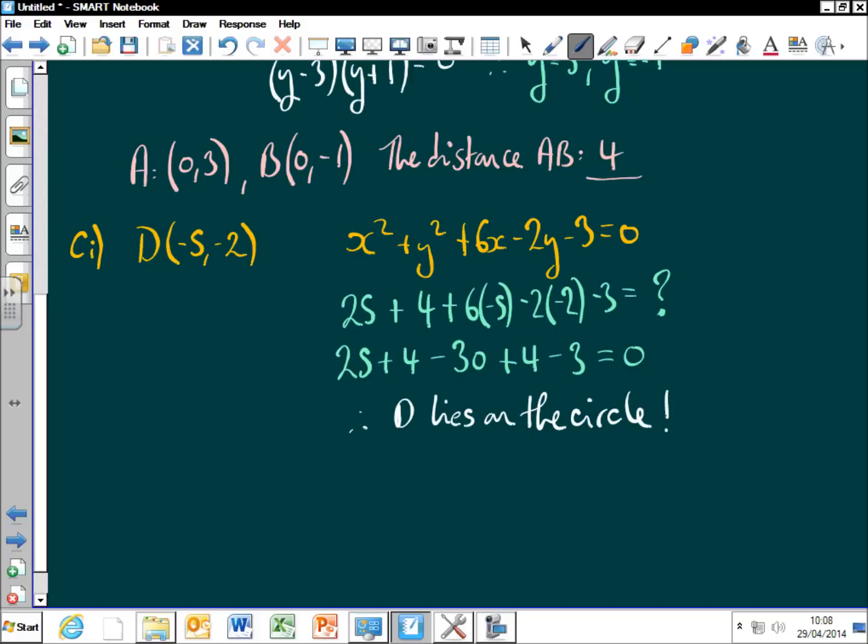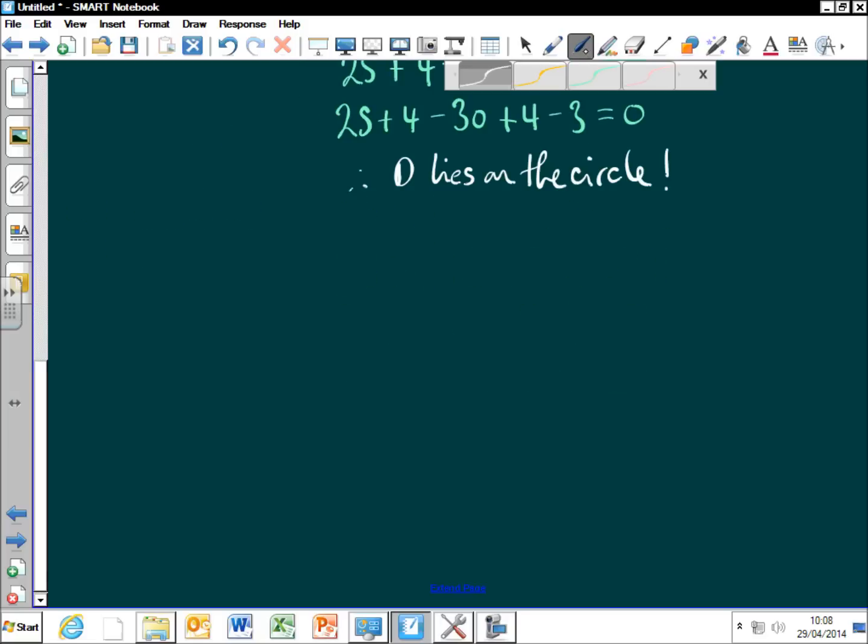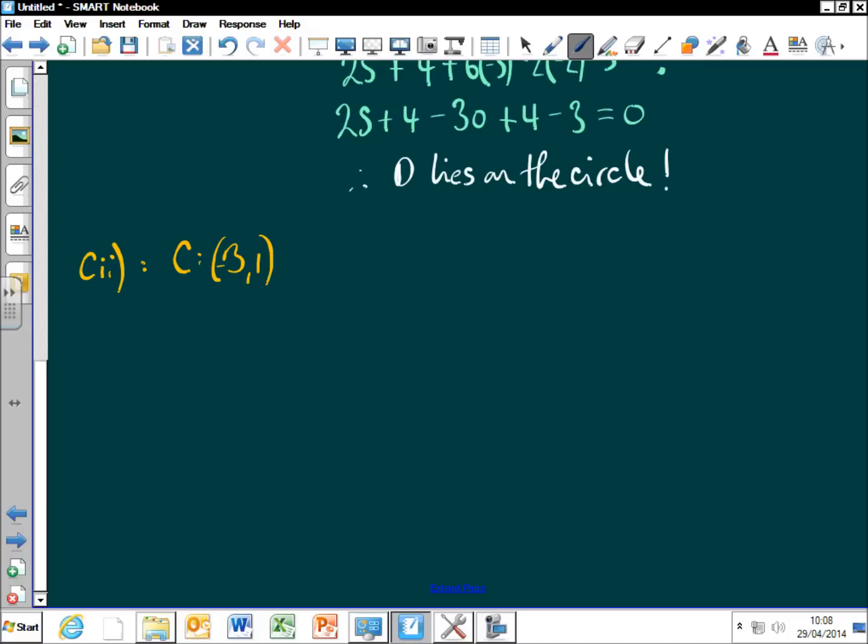Okay, find the gradient of C to D. Well, that's okay. We can do that. I've got point C as the coordinates -3, 1, and point D as the coordinates -5, -2, and then the gradient of C to D, so write it like that, is the difference in the y's.